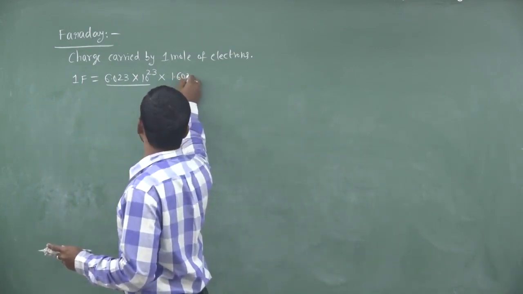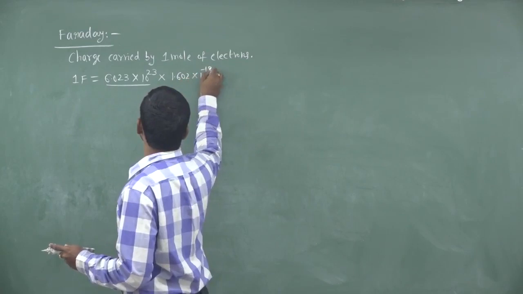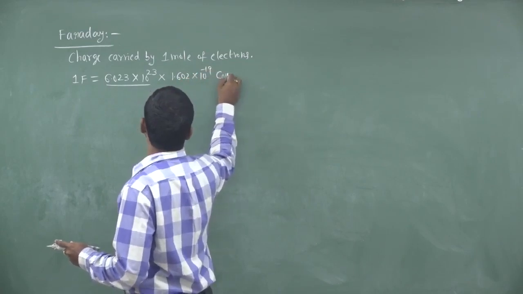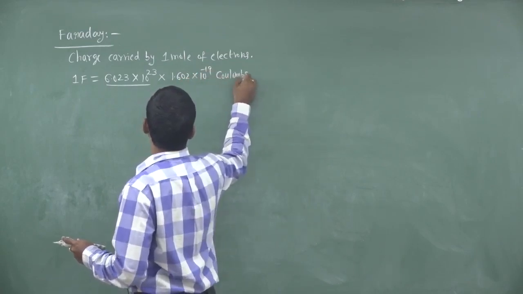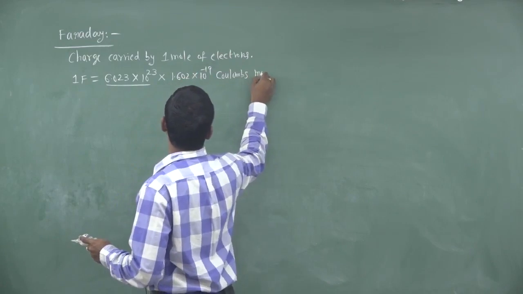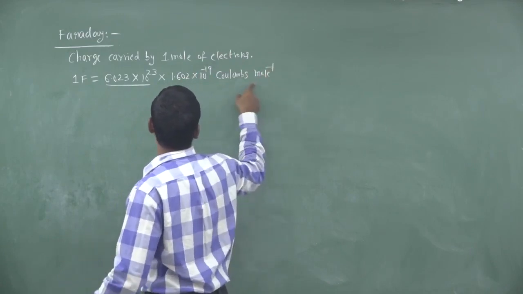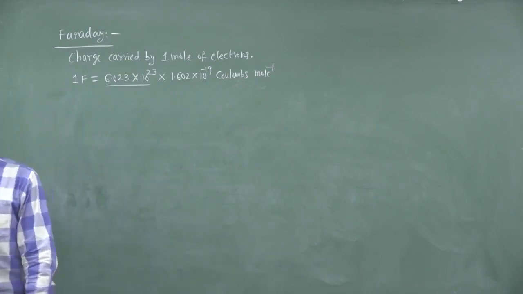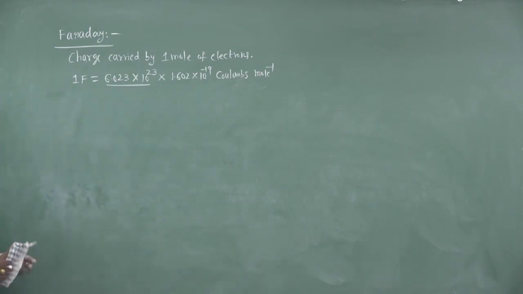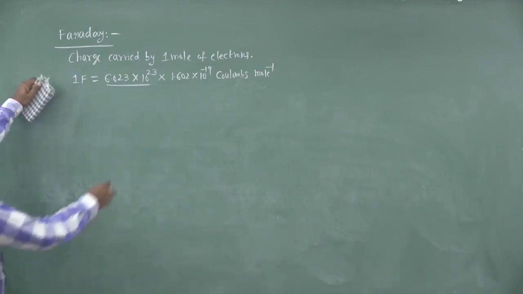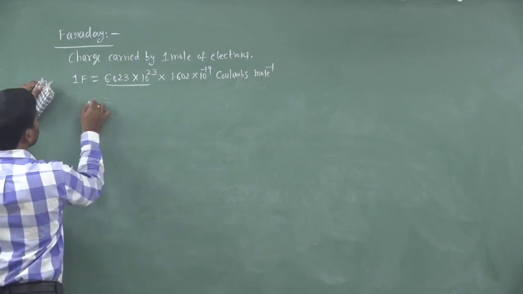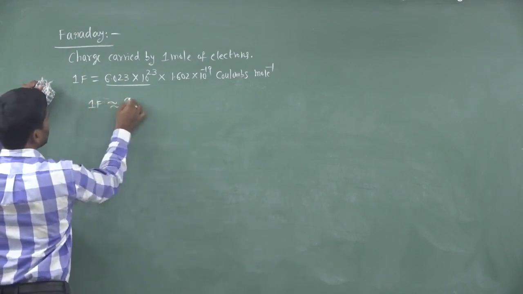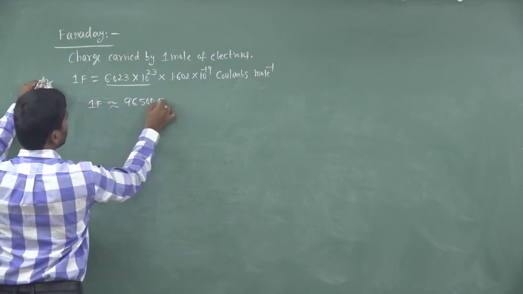The charge carried by an electron is 1.602 x 10^-19 coulombs only. As we are calculating for 1 mole of electrons, the charge carried by 1 mole of electrons, if you simplify this, nearly how much will we get? 96,500 coulombs we will get.